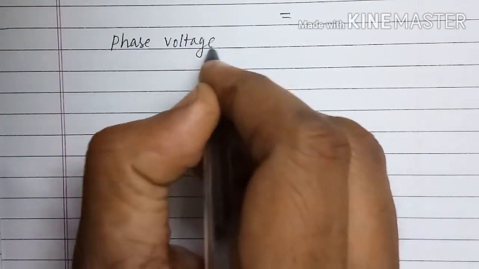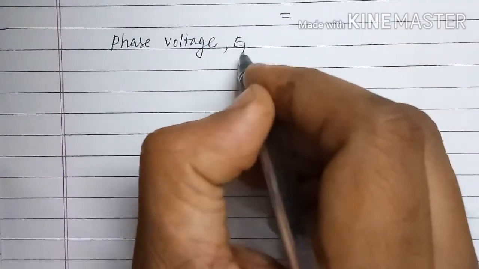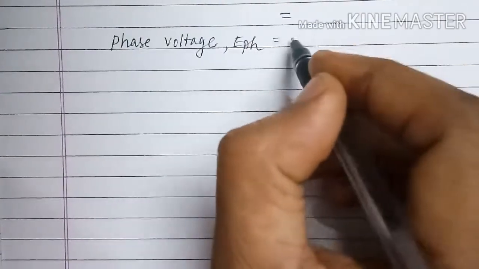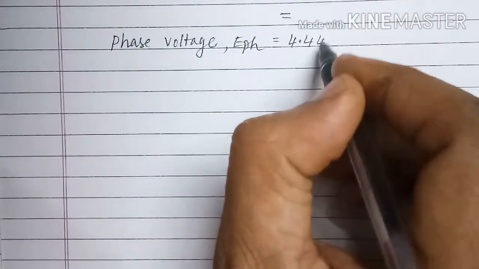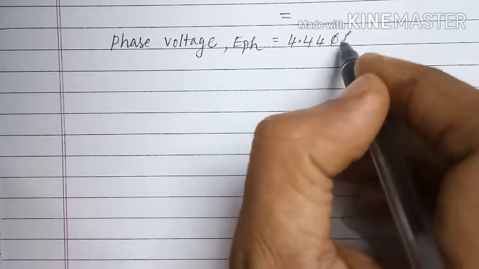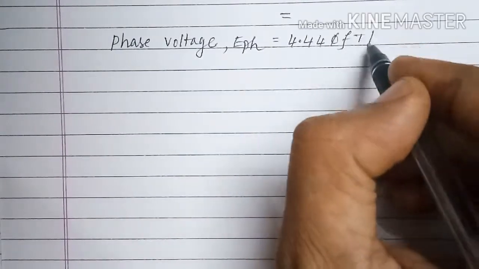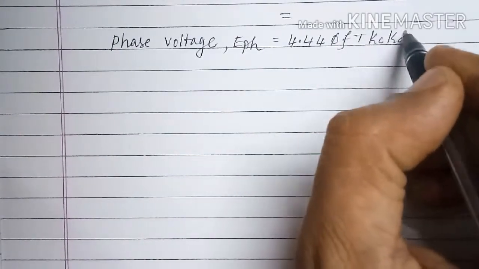Now we will calculate phase voltage. EPH is equal to 4.44 phi F T into Kc into Kd.